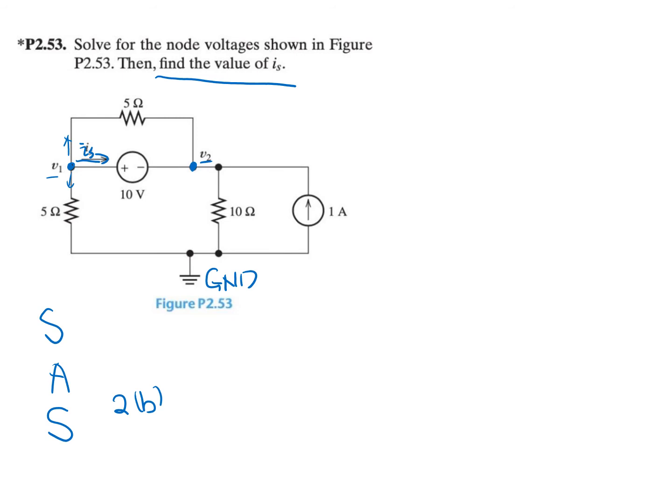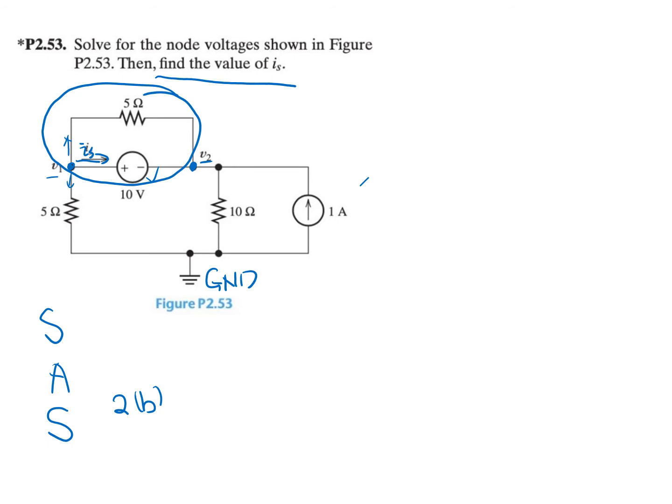We have the circuit with a voltage source, and the voltage source is between 2 non-reference nodes. That's here. Well, in this case, we can form a supernode and perform the KCL for the supernode. So this whole thing becomes a supernode.